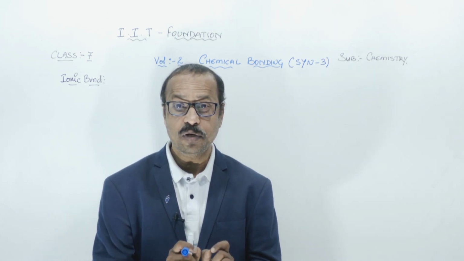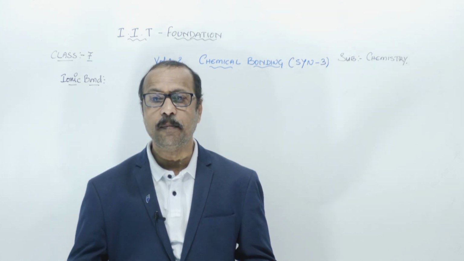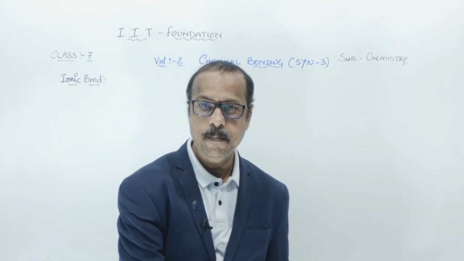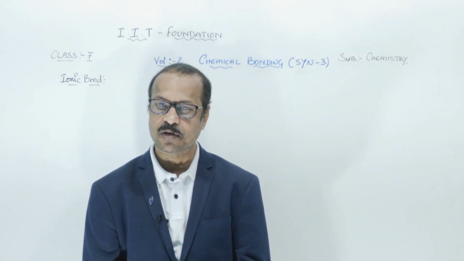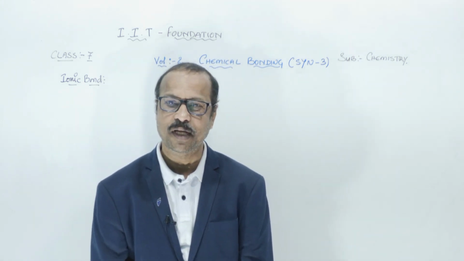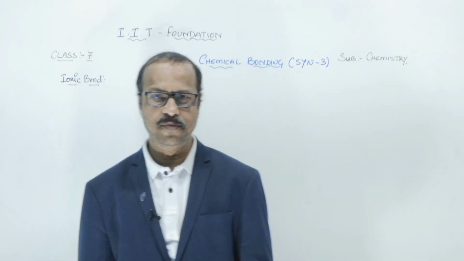So you can also define ionic bond simply as the bond formed between two oppositely charged ions. Like this also you can say. So you can define it in different ways.